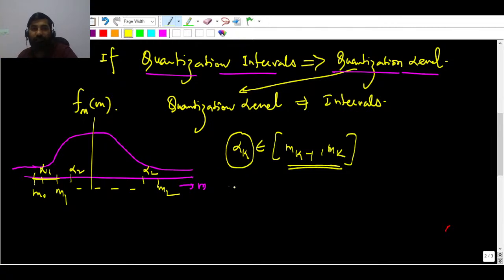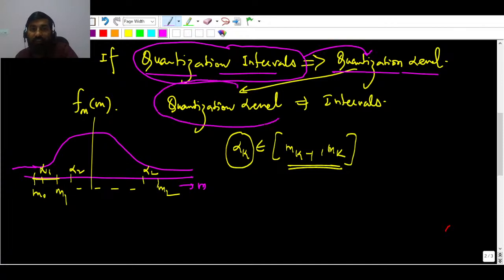I'm telling you the final result: if the quantization interval is given, you can find the quantization level, and if the quantization level is given, you can find the quantization interval. So this is an iterative process, and with the help of the iterative process, we can find both things.